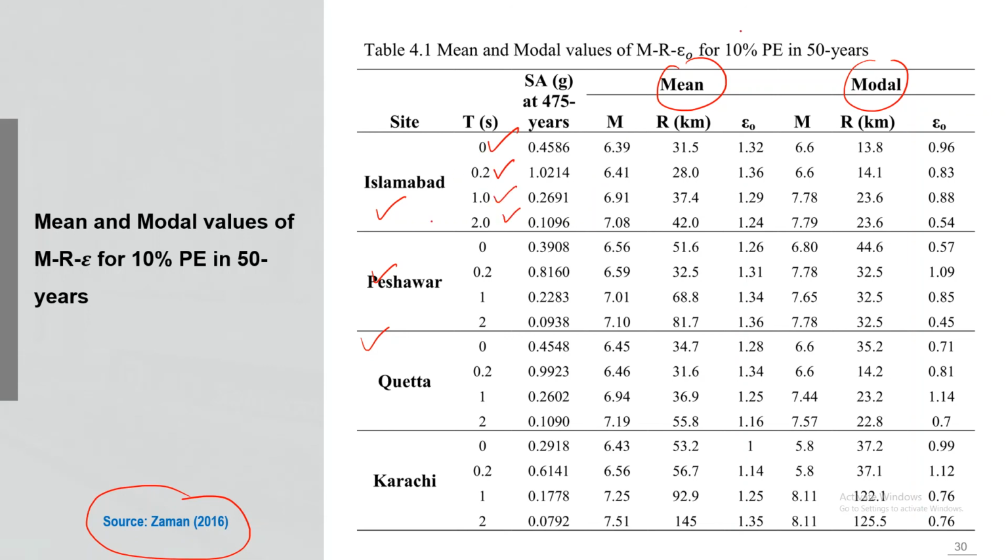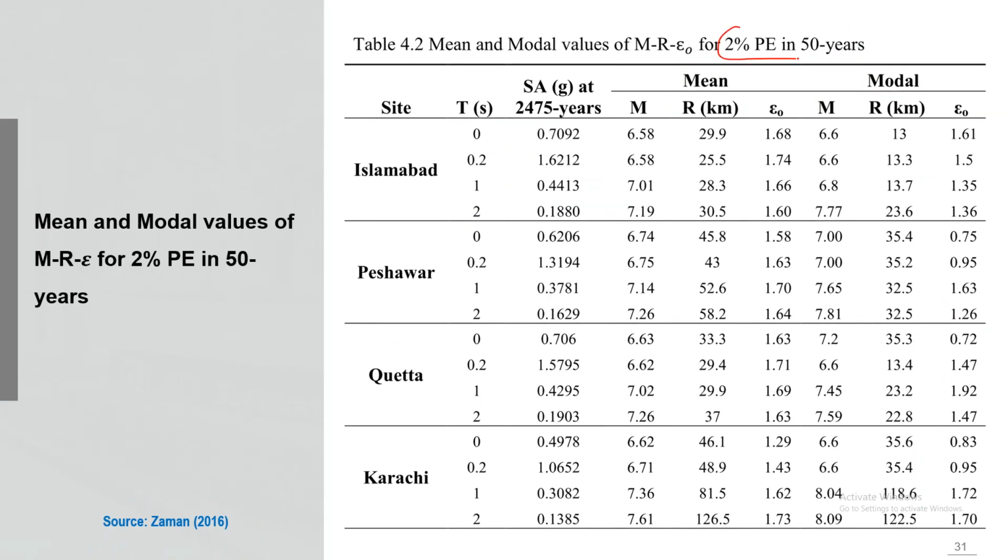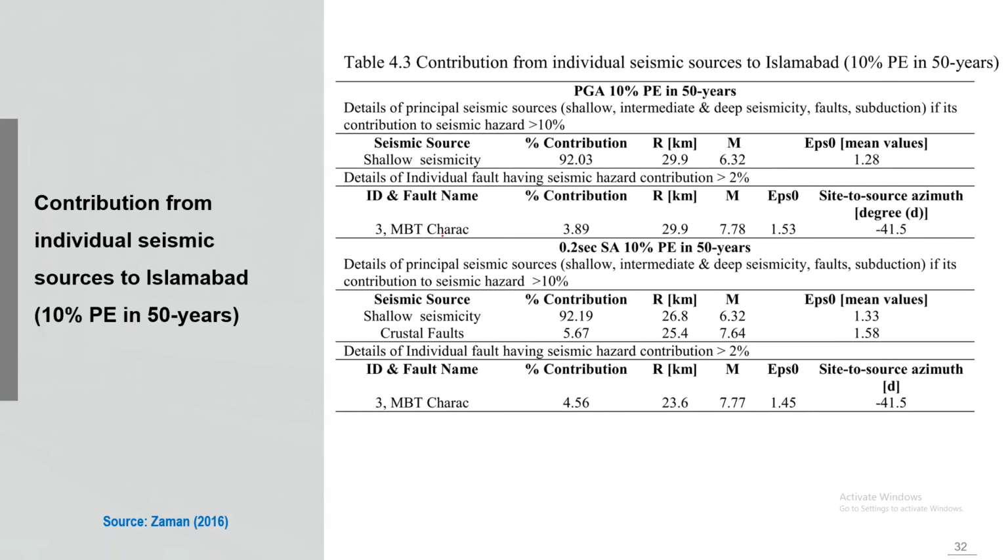This table is for 10% probability of exceedance in 50 years. We also have it for 2%. So for different levels of seismic hazard definitions, we can also perform this de-aggregation analysis to identify the most contributing magnitude and distance pairs at our site.